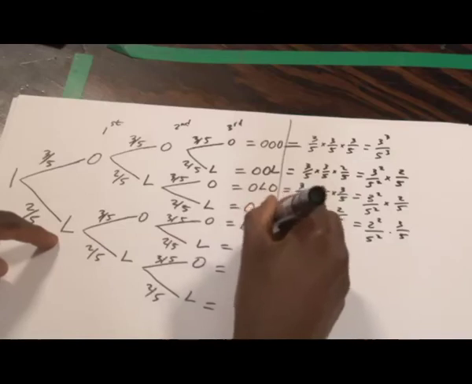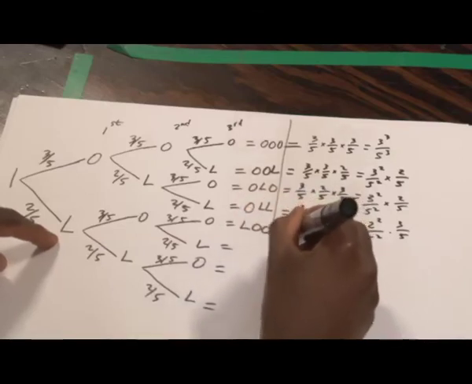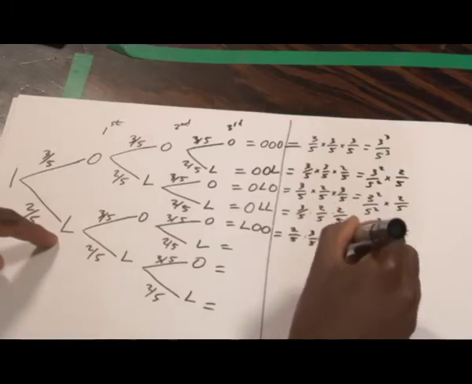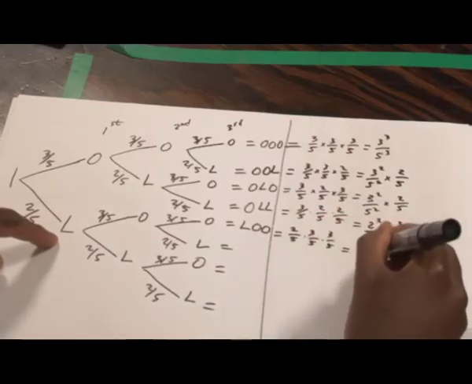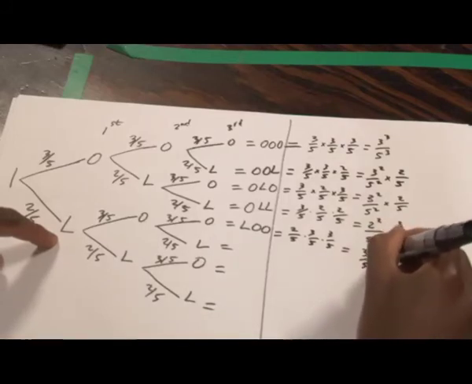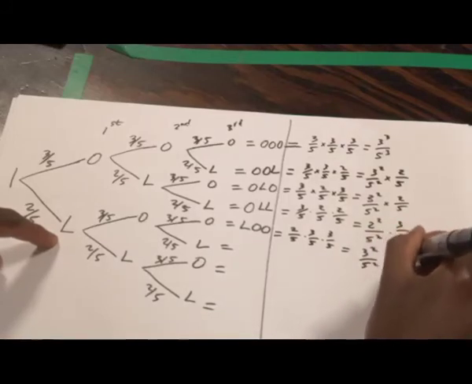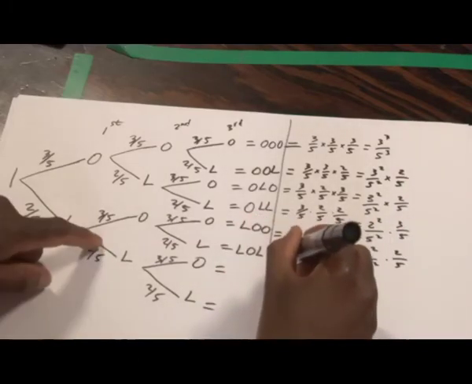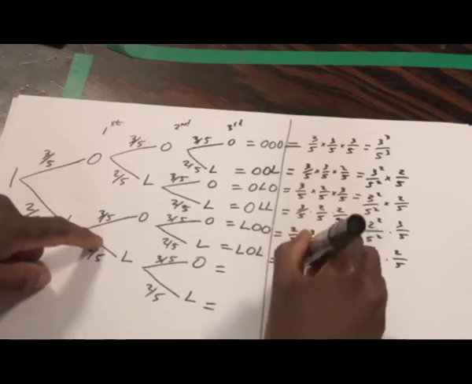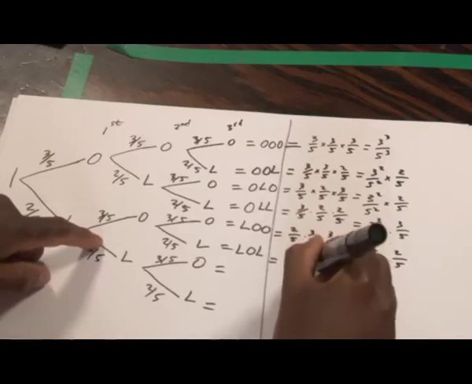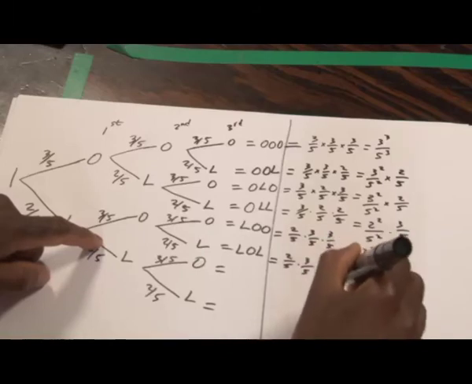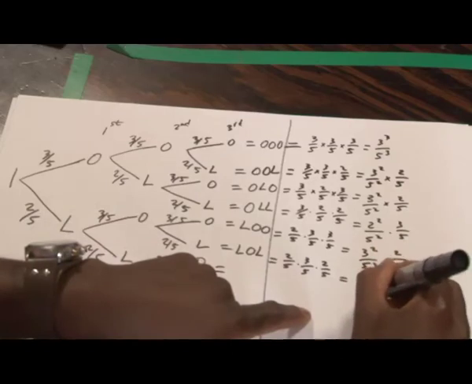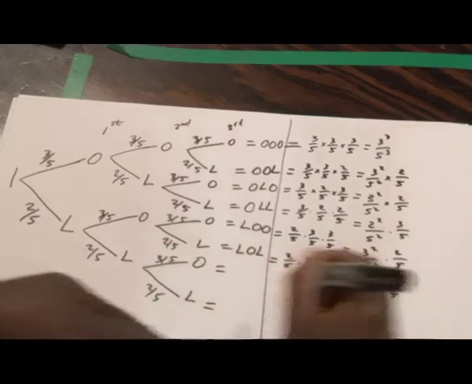Then lemon, orange, orange is 2 over 5, 3 over 5, 3 over 5, or 3 to the power 2 over 5 to the power 2 times 2 over 5. Then lemon, orange, lemon is 2 over 5, 3 over 5, 2 over 5, which is the same as 2 to the power 2 over 5 to the power 2 and 3 over 5.